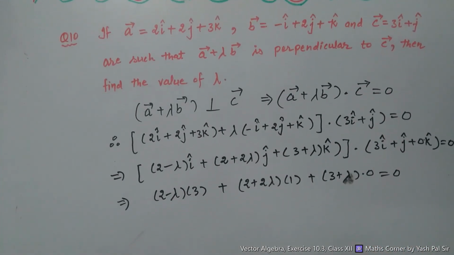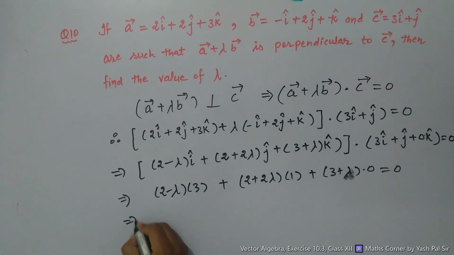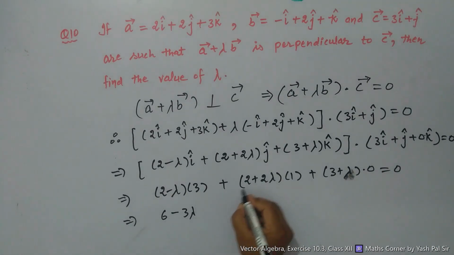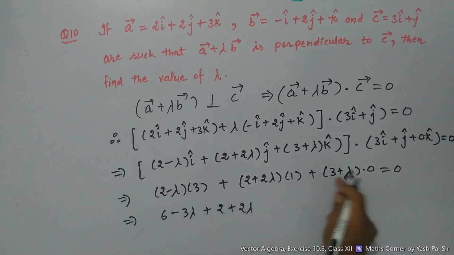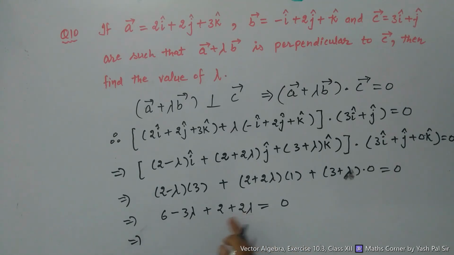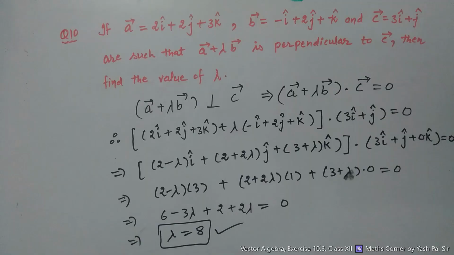So this becomes 6 minus 3 lambda plus 2 plus 2 lambda is equal to 0. Meaning to say lambda is equal to 8 is the required value of lambda.